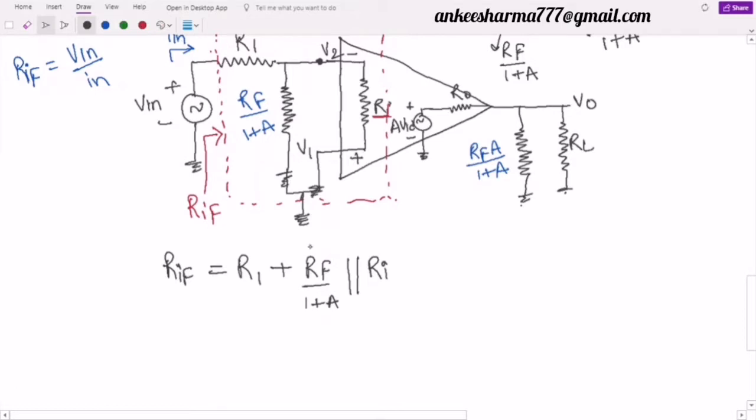Now look here, RI value is very large. In ideal cases it is infinity, and A is also very large.